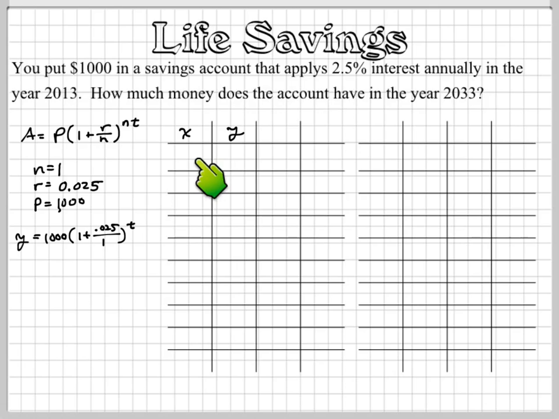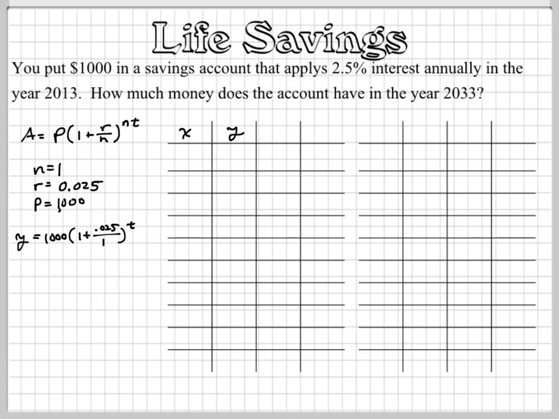Now we like to use x because we're used to using x. X has always been our independent variable. The independent variable is the one that you choose and plug into the function. The dependent variable is dependent because it's dependent upon whatever the x is. And so here our independent variable is t.